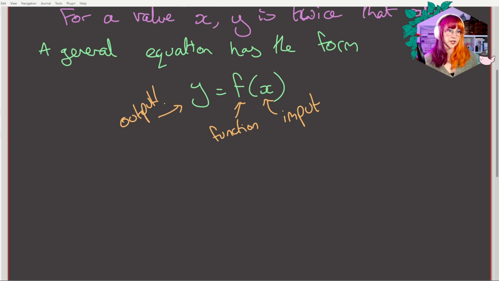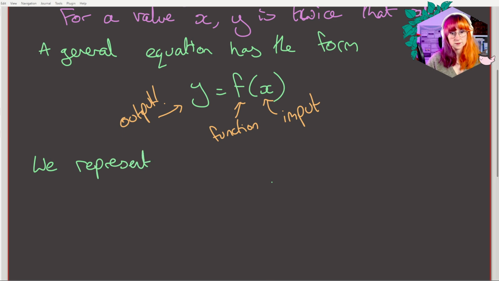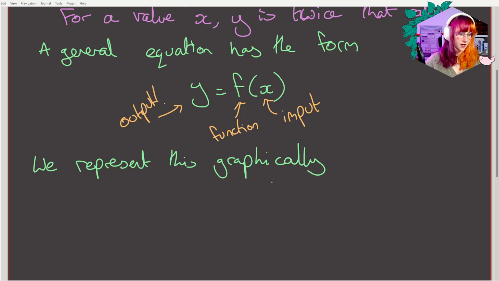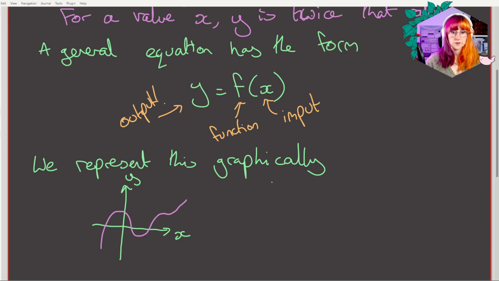Visually, we represent this graphically, where we have values of x, and then values of y, and then f of x might be some function here, f of x.